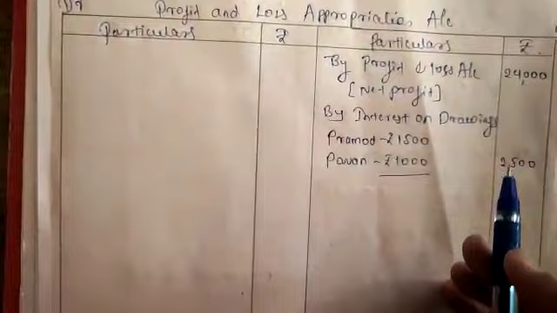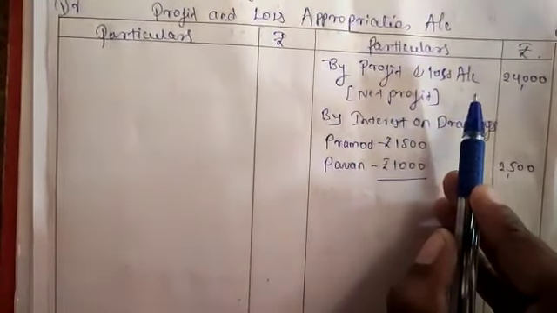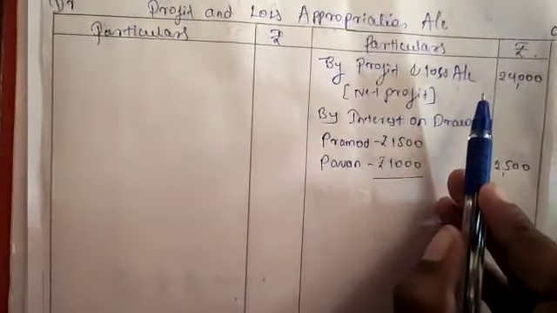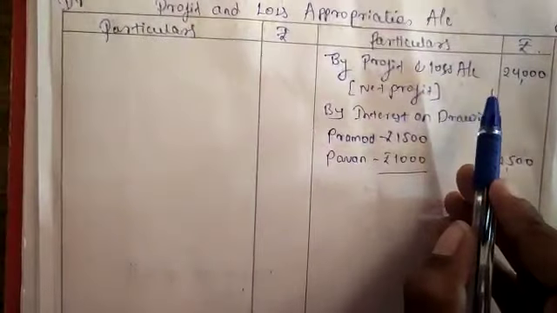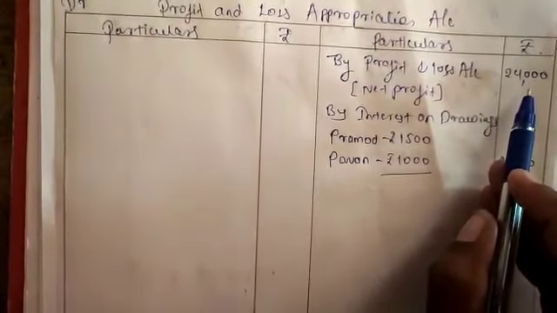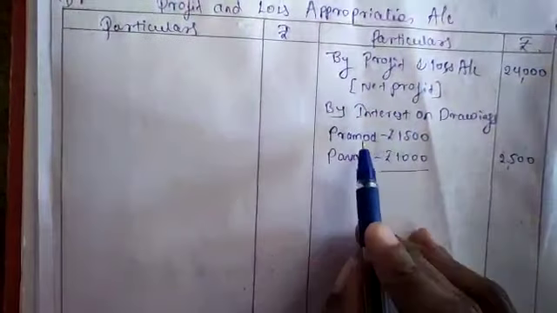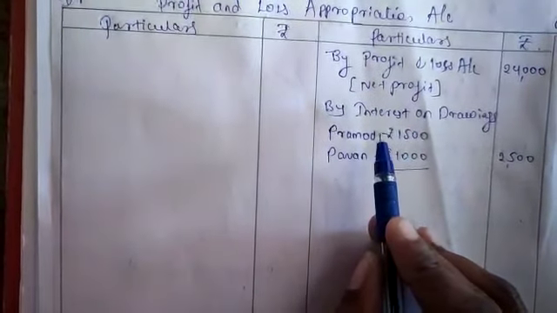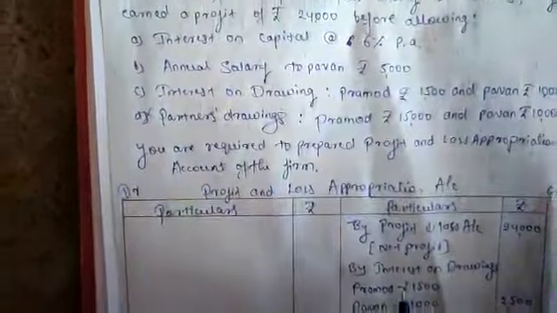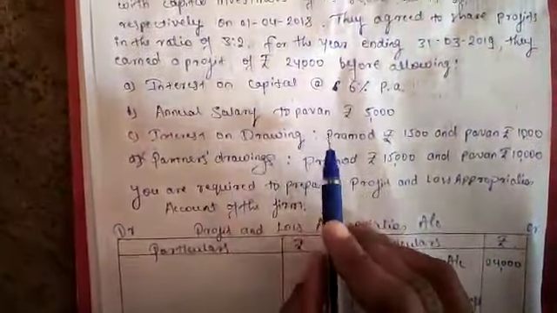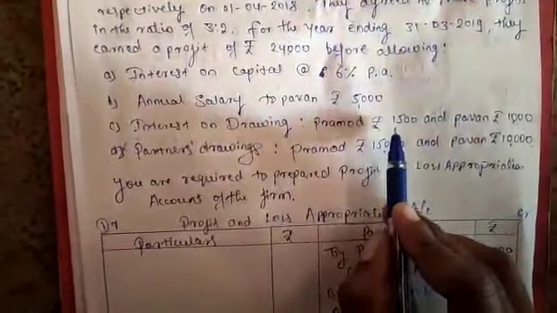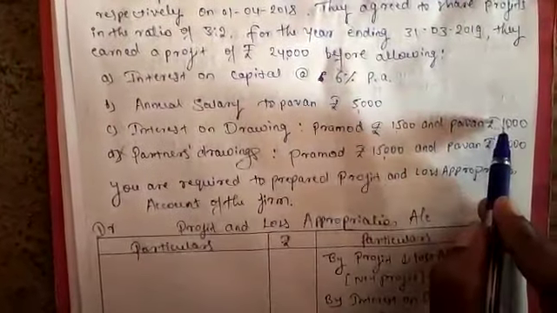So here the total profit of the firm is given for the year 2018-19, 24,000, and interest on drawings are also given in the problem. Interest on drawings, Pramod rupees 1,500 and Pawan rupees 1,000.